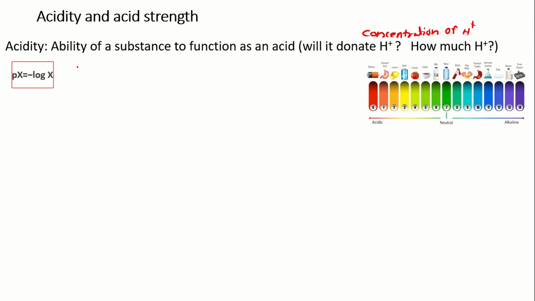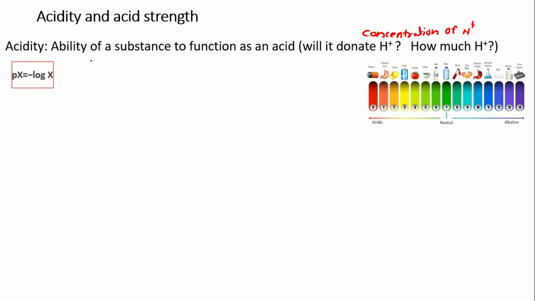How do we determine the acidity? We use this generalized formula. We take the negative log of the H plus concentration. In place of X in this general formula, you can plug in the H plus or the proton concentration.